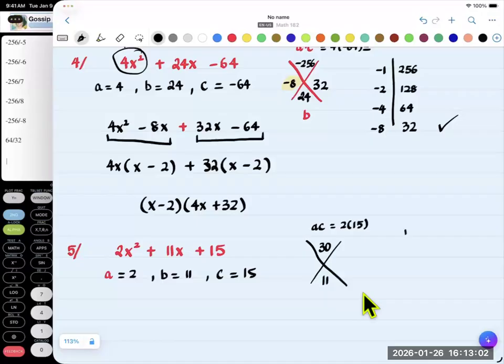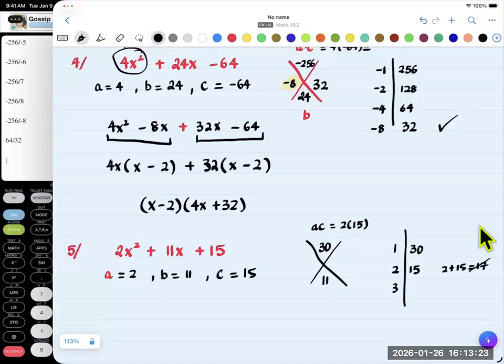So I need to find a pair of numbers that multiply to give me 30. I will start with 1 and 30, which is not going to work because 1 plus 30 is 31, not 11. Now I move on to 2 and 15, which doesn't work either, because 2 plus 15 is 17, not 11.